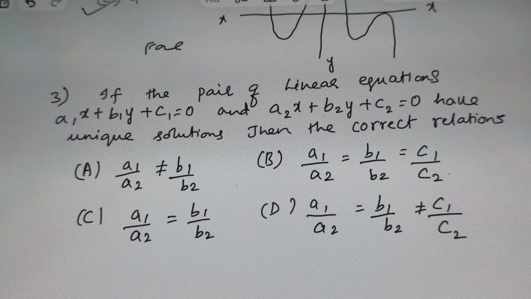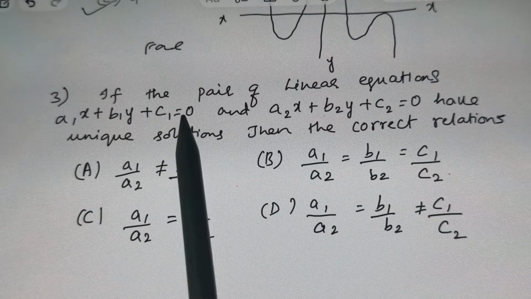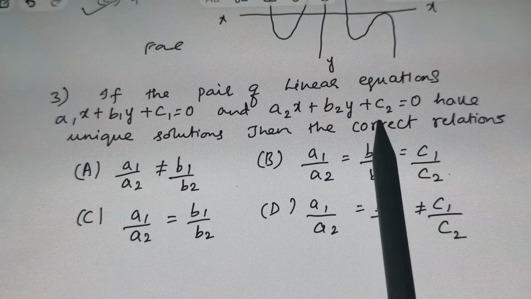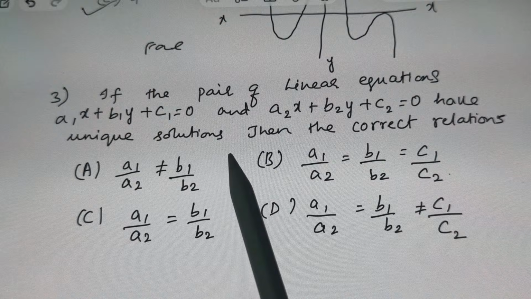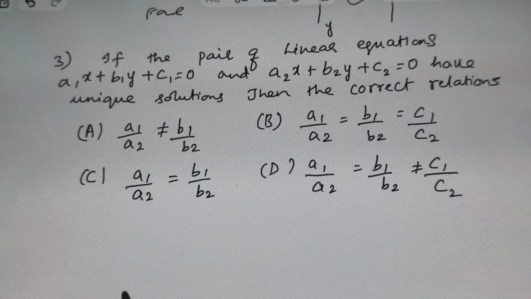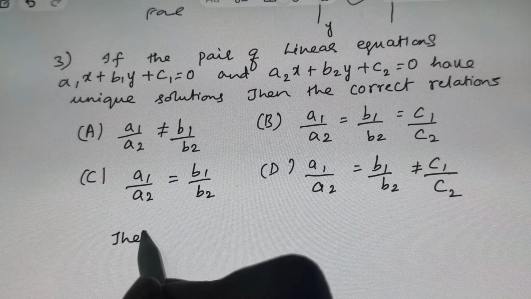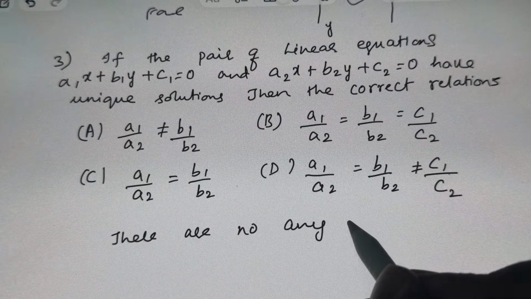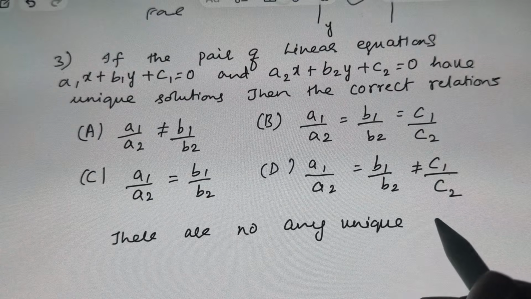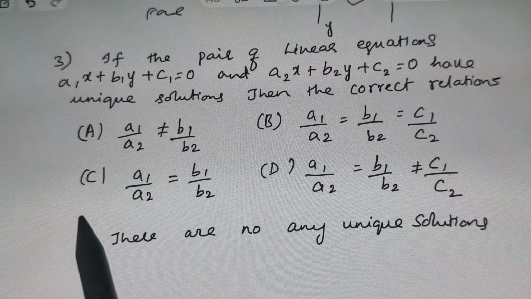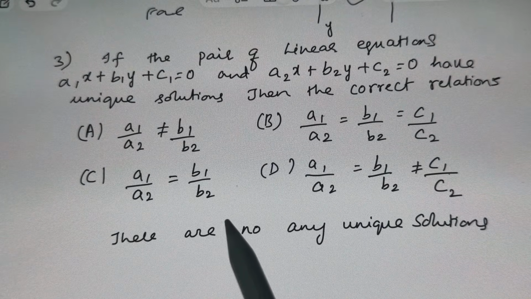So we can see that the pair of linear equations a1x plus b1y plus c1 equals 0 and a2x plus b2y plus c2 equals 0 have unique solutions. We know that a unique solution means no special condition.